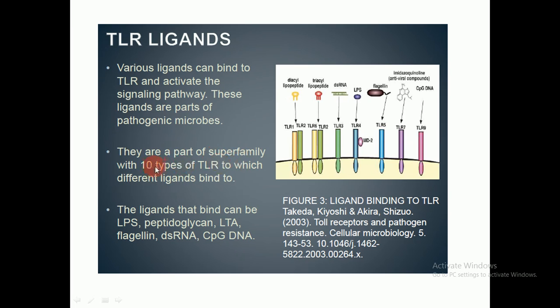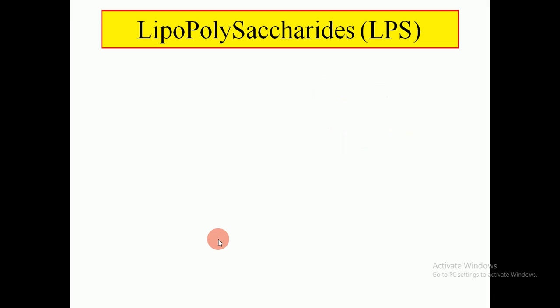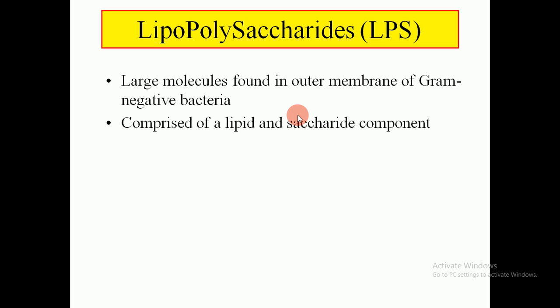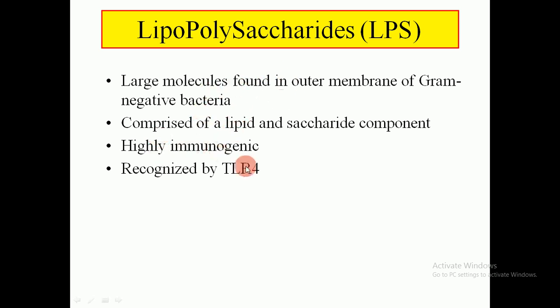They are part of a superfamily with 10 types of toll-like receptors, and the ligands that bind can be lipopolysaccharide, peptidoglycans, double-stranded RNA, and so on. Lipopolysaccharides are large molecules found in the outer membrane of gram-negative bacteria, composed of lipid and saccharide components, highly immunogenic, recognized by toll-like receptor 4, and can cause septic shock and lead to death.